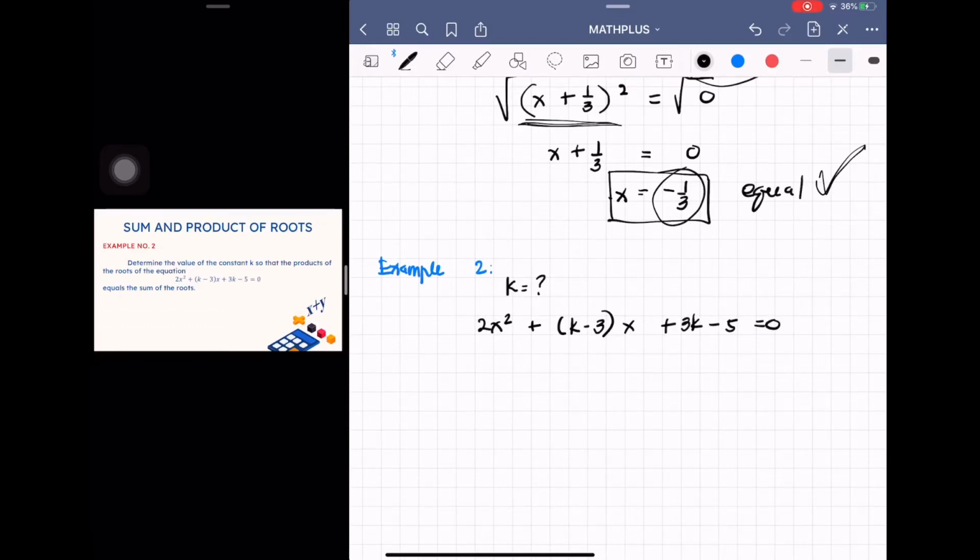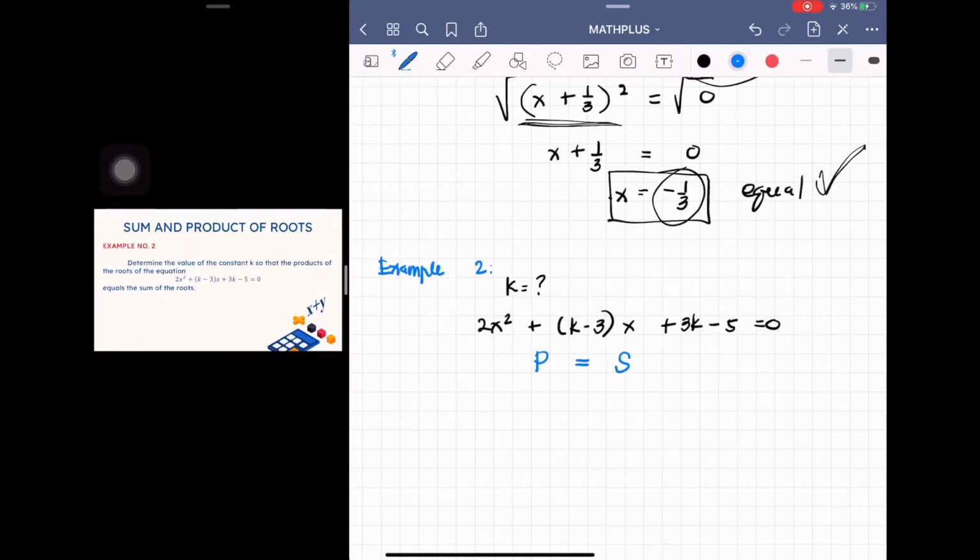Yung product of the roots daw of this equation equals the sum of the roots. So if we're going to write that down, the product of the roots in this equation, that's p, right? It specifies p. The product of the roots of this equation is equal to the sum of the roots. So that equivalent to s.